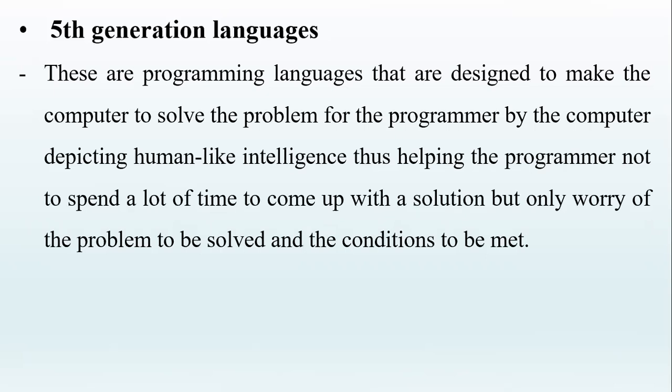These are programming languages that are created to make the computer solve the problem of the programmer by depicting human-like intelligence, thus helping the programmer not to spend a lot of time to come up with a solution, but only worry of the problem to be solved and the conditions to be met.